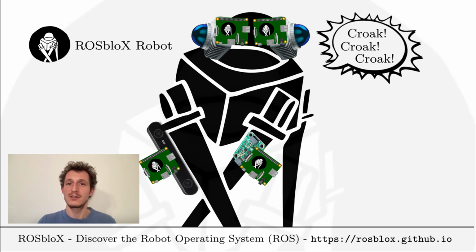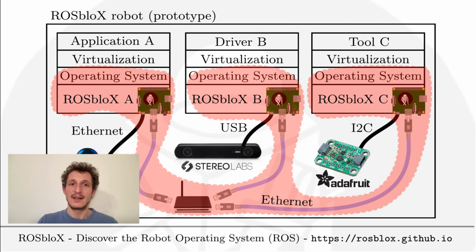So we have finished the prototyping of the software of the robot, and now we want to optimize its compute hardware. We don't want to have one ROSbloX per software module when moving forward in our robotics development process. Let's take a look how this is done. Luckily, our robot software stack is already containerized. We even know how much computational power each container requires.